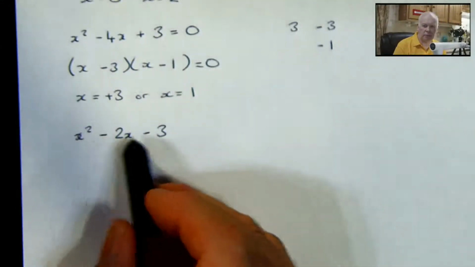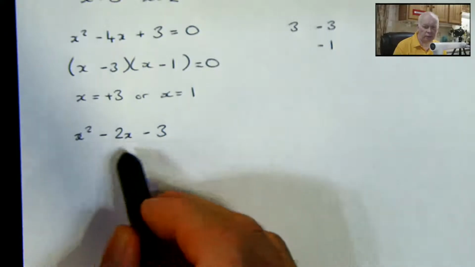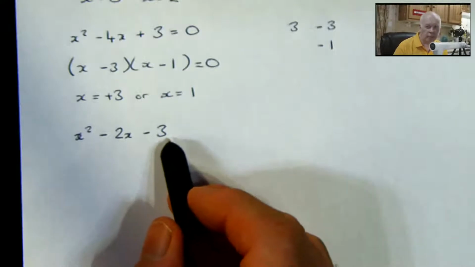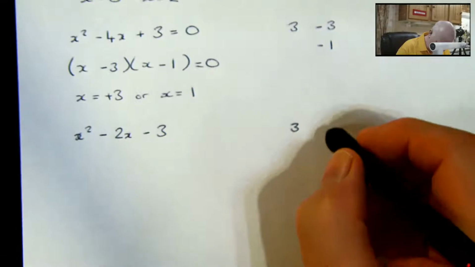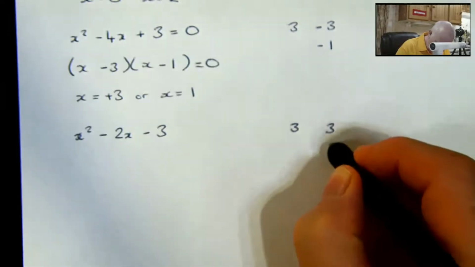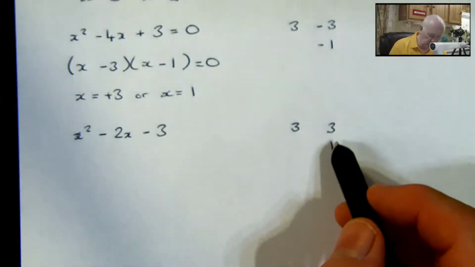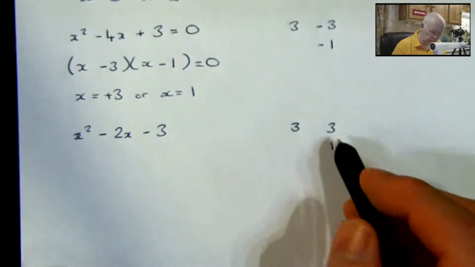In this case, both signs are minus, and this now gives us a bit more of a headache. I've chosen 3 because I want to make sure that we don't have any problems to start with our factors. So we've got 3 and 1. I've got to make minus 2.